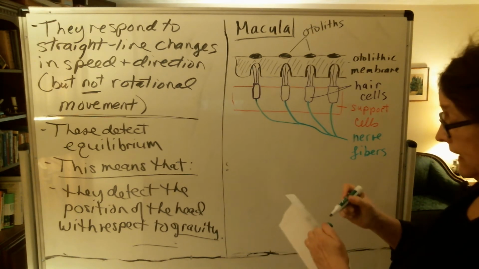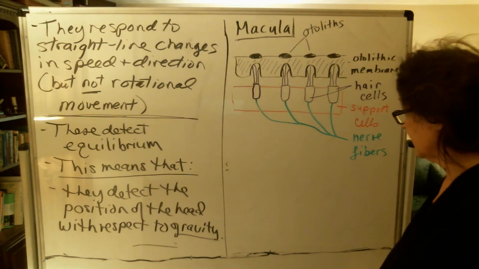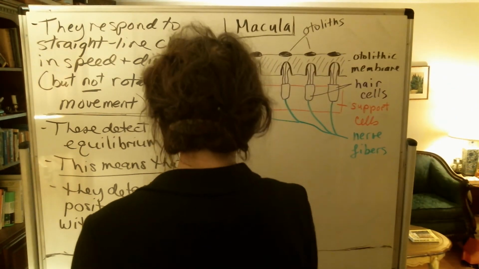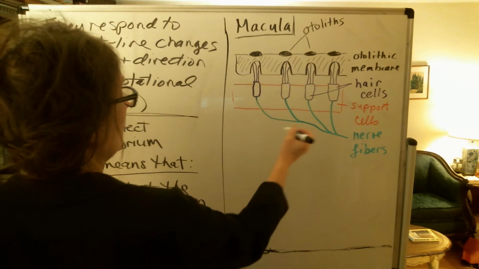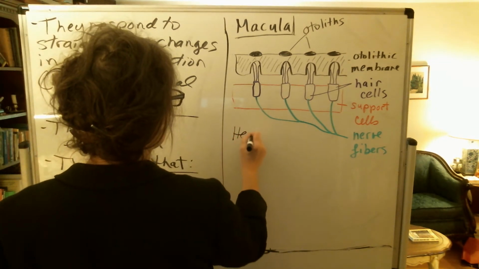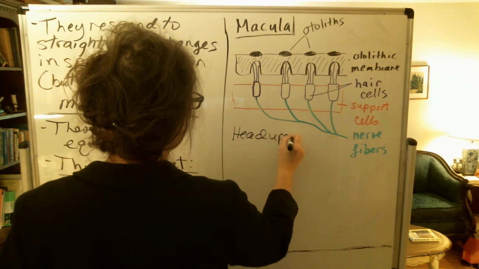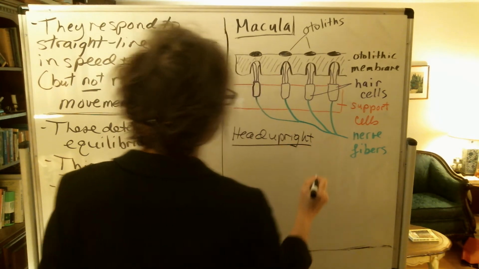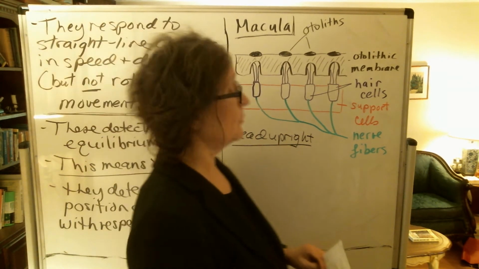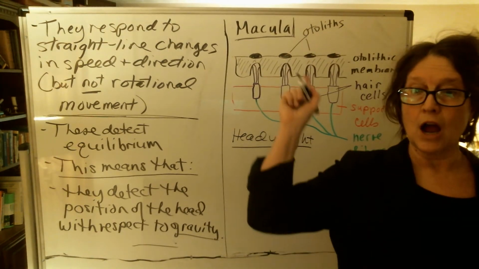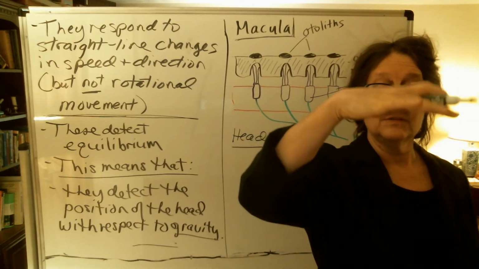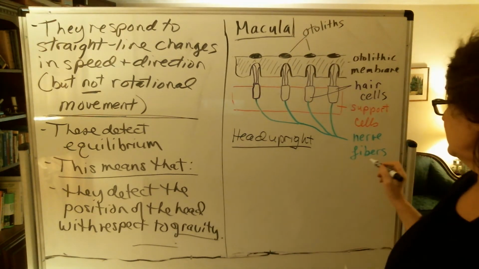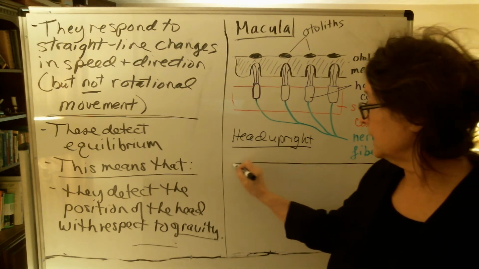And what you are looking at here is a picture of a macula when the head is upright. So when your head is upright, you have these little rocks there that are sitting on this membrane, nicely balanced, nicely supported. So that then is your head upright macula.